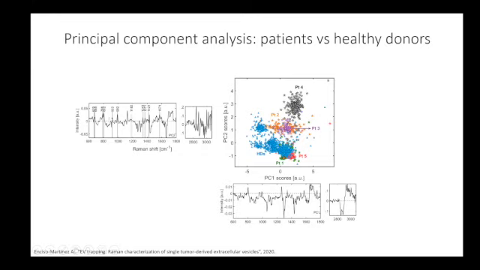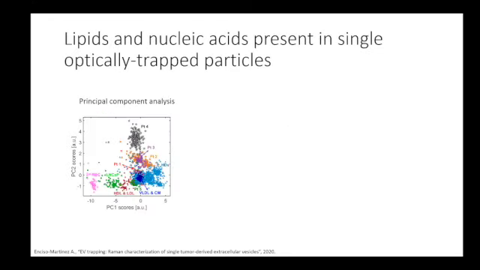If we look at this principal component loading, we see that there are many peaks related to nucleic acids. So in fact, the particles that we were trapping from patient 4 had a large contribution of nucleic acids, which was very surprising for us, especially because we were using very small volumes of plasma and we didn't do any depletion of lipoproteins.